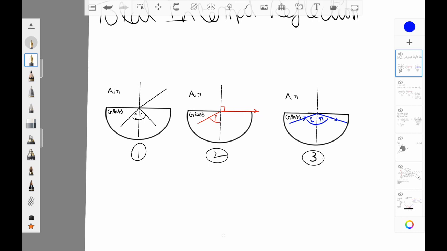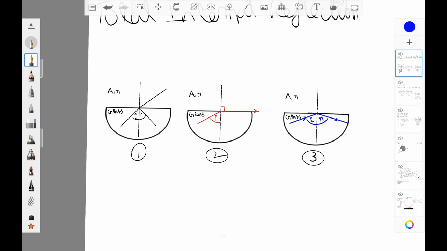In diagram 2, we considered a possibility where the incident angle is raised to a point where the angle of refraction is 90 degrees, and this incident angle is called the critical angle, and at this point no reflection is occurring. All of the light is being refracted.